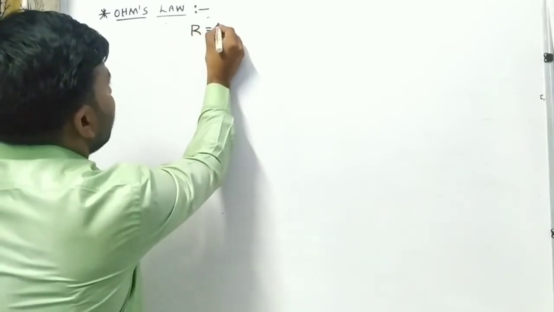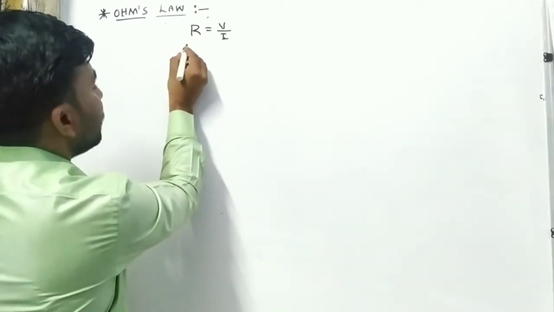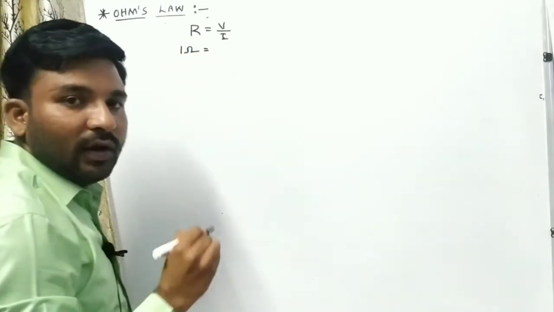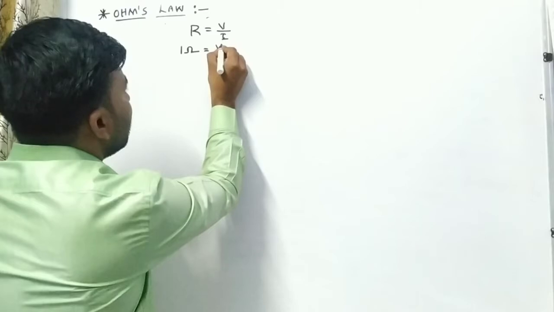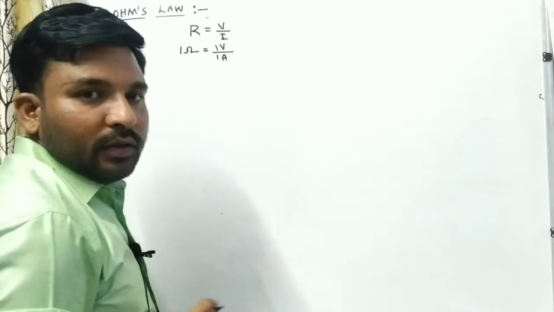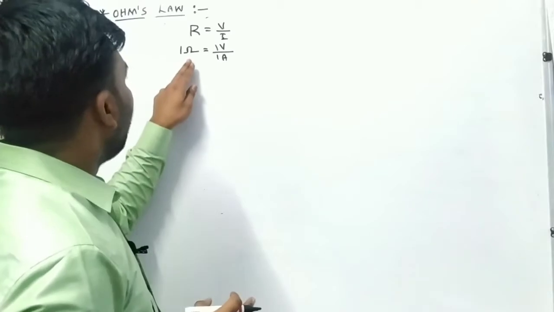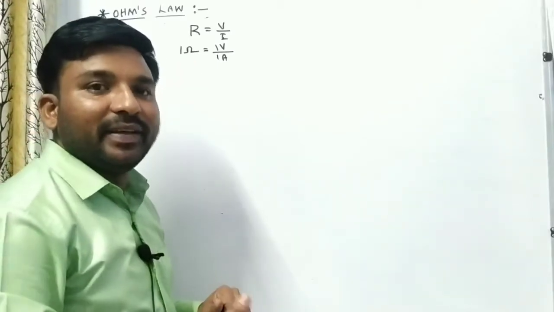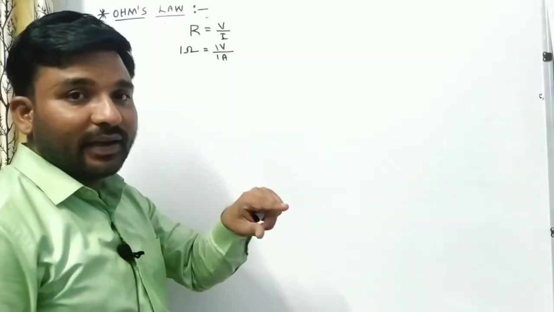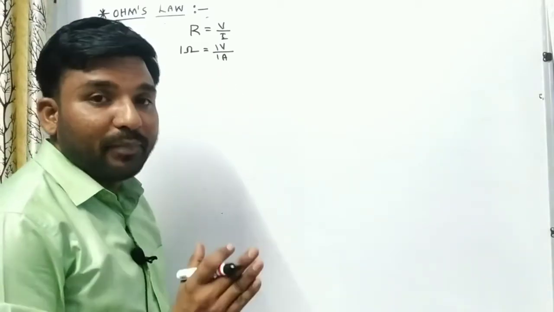R is equal to V by I. The unit for the resistance is ohm. So we want to define 1 ohm: here this is 1 volt and the current is 1 ampere. So for any conductor whose resistance is 1 ohm, the potential difference across the ends of that conductor is 1 volt and the current flowing through it is 1 ampere.